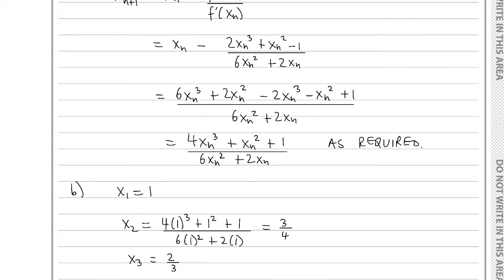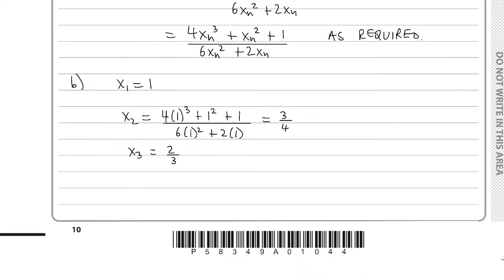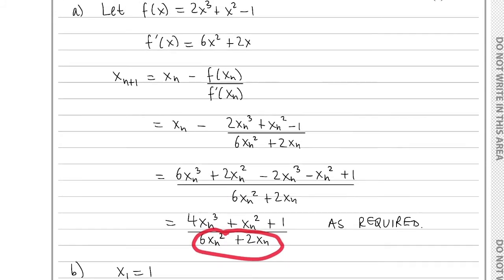Explain why for this question the Newton-Raphson method cannot be used with x1 being 0. Well, if the starting point is 0, then obviously we cannot generate the second estimate, x2. You can also see, if you look at the first derivative expression, that at x is 0, we have a stationary point.